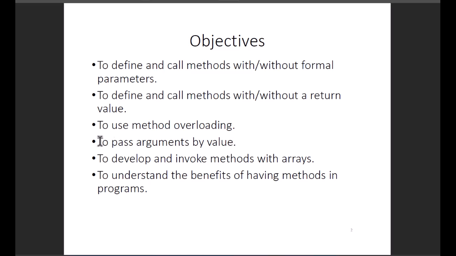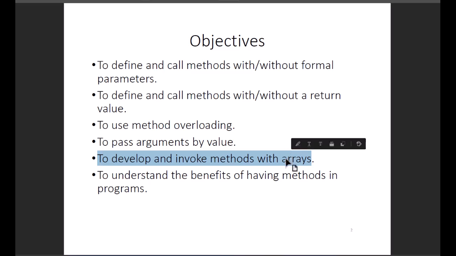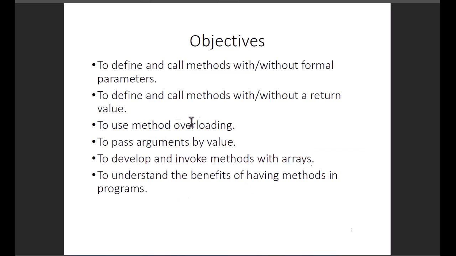This is a little bit confusing because we have been passing values, but passing arguments by reference, this will be invoke methods with arrays. So I will comment on these in just a second. Now understand the benefits of having methods in programs. I will go to the first few slides and then I will go to this benefit.